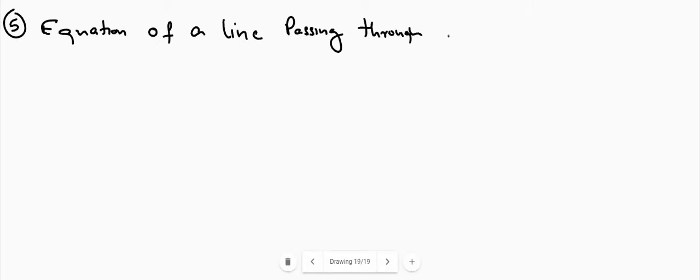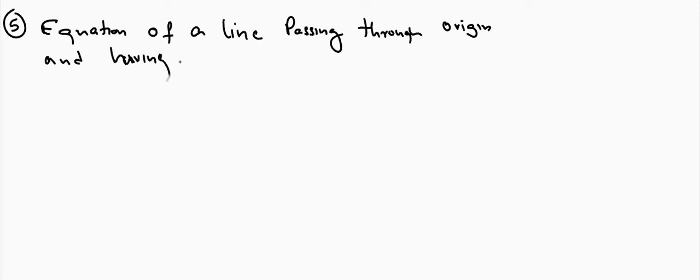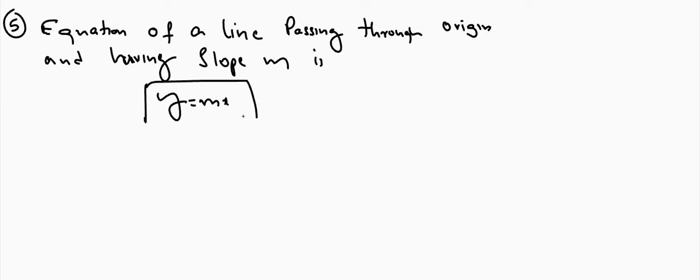Passing through the origin, origin means (0, 0), and having slope m, is simply y equal to mx. Equation of a line passing through the origin.